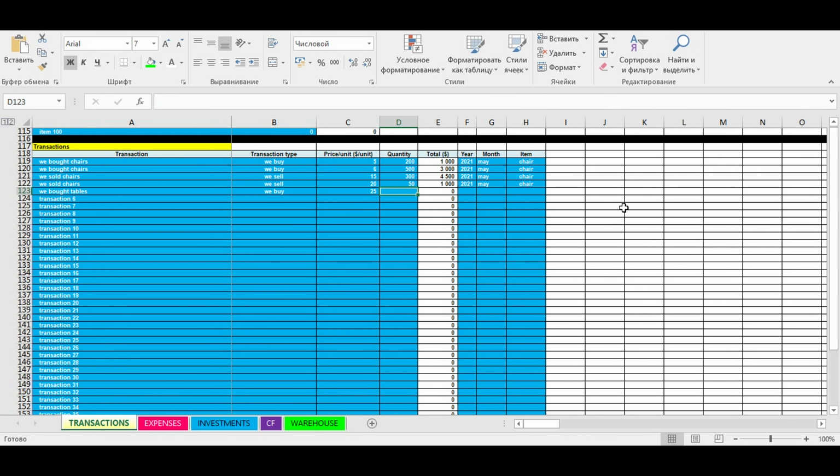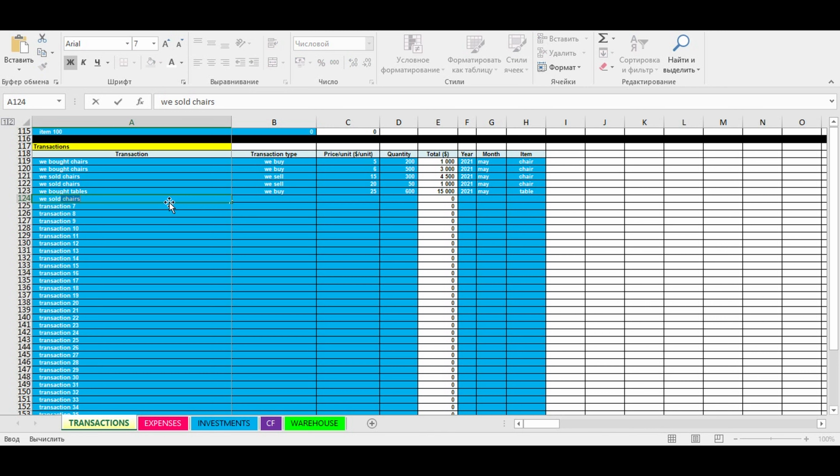We will buy 600 tables. In 2021, in May, this table.